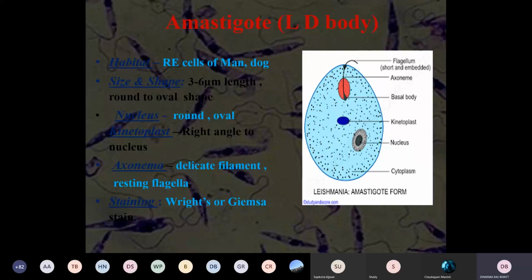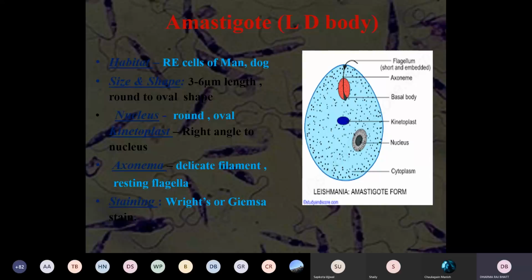You can call it the amastigote form of Leishmania also, but the commonly used synonym is the LD body. These amastigote forms or LD bodies are mostly present in the reticuloendothelial cells of two different hosts, man and dog.